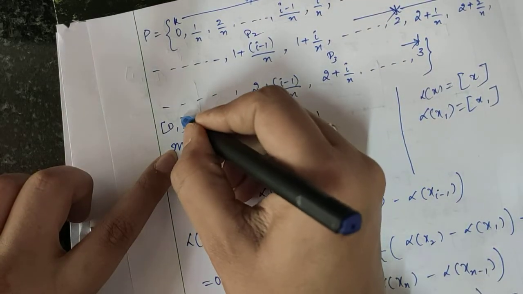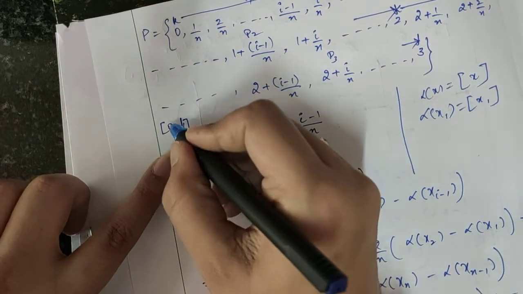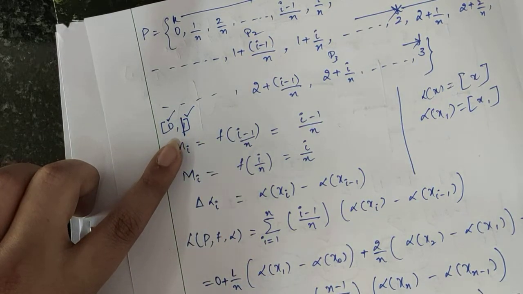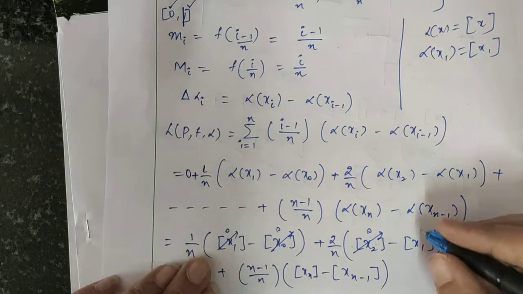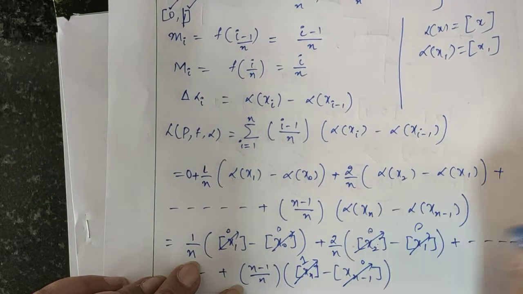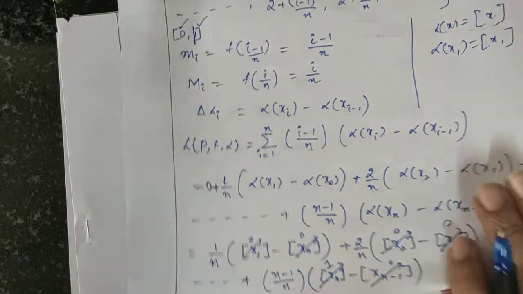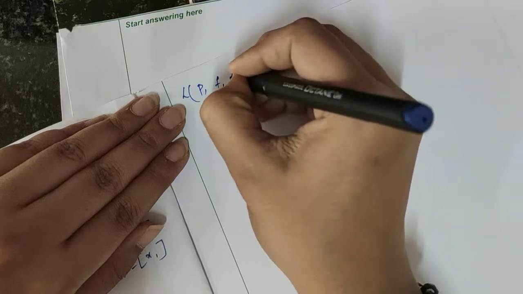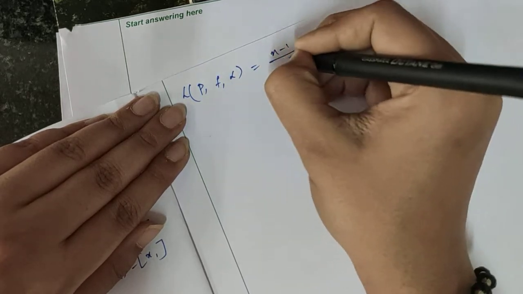That means till xn minus 1 all the values will be 0 and xn will be 1. So this is 0, this will be 1 and this is 0. So now you will be getting L of p comma f comma alpha as n minus 1 by n.